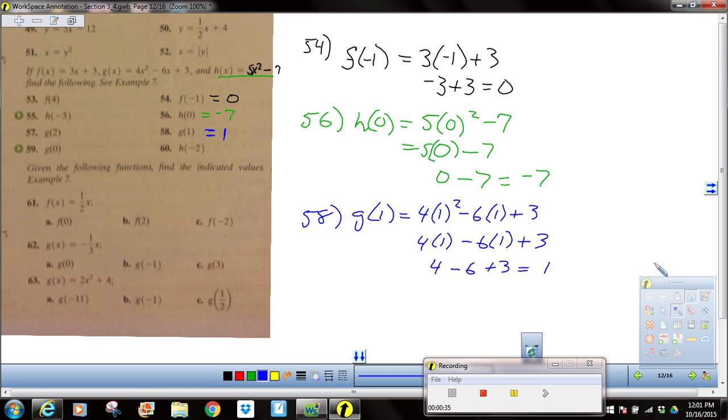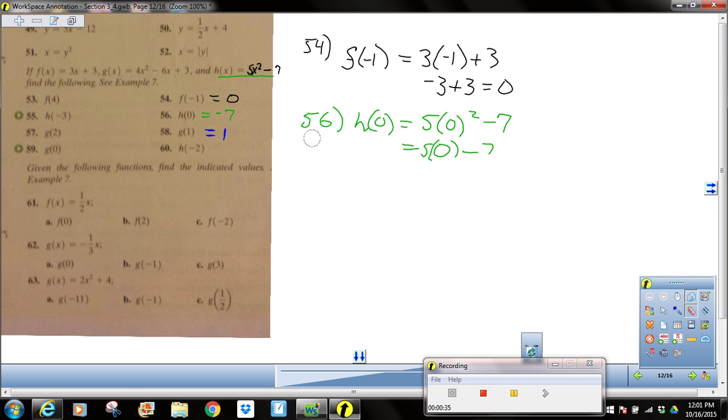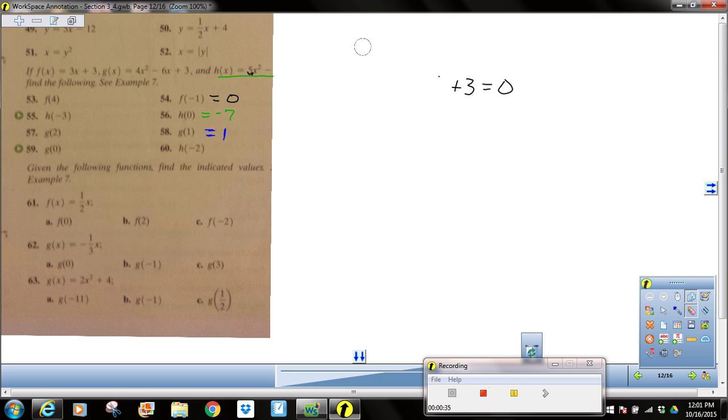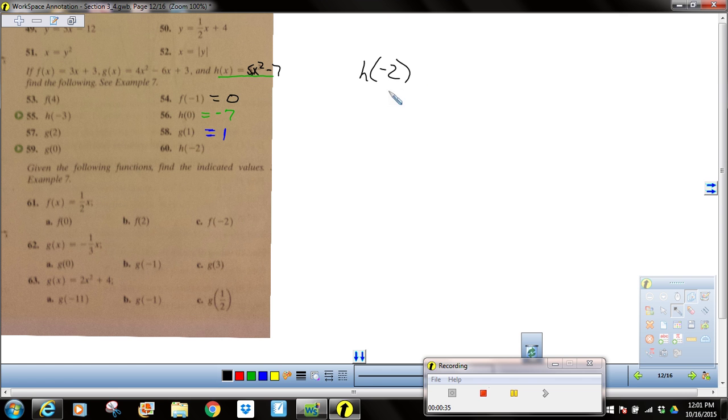Okay, on number 60 I have another h, so I'm going to erase this stuff. H was 5x squared minus 7. And when it says h of -2, that means it wants me to find the function value for -2.